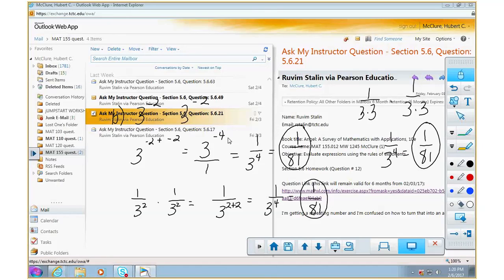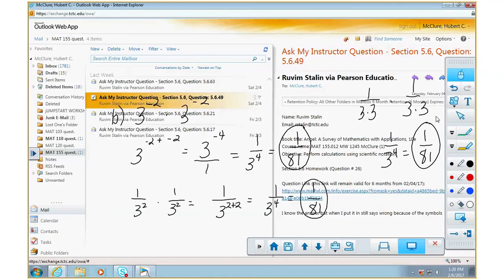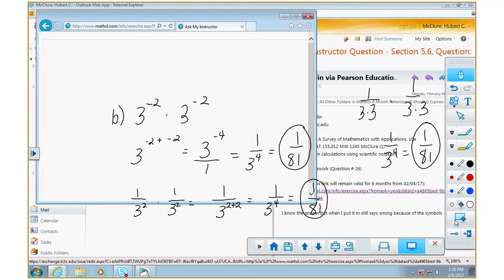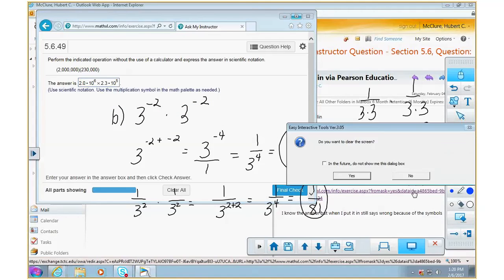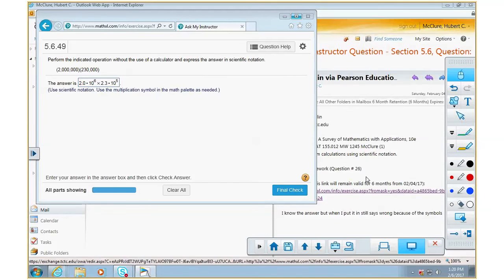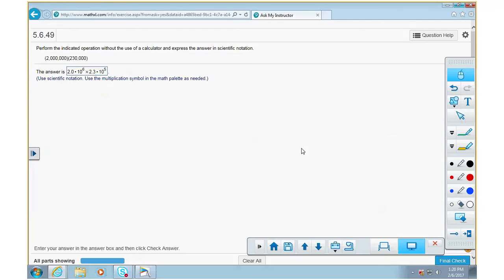Next question, 49 in the book, 26 online. Test question. That's 6 zeros and 4 zeros. This is a test question.